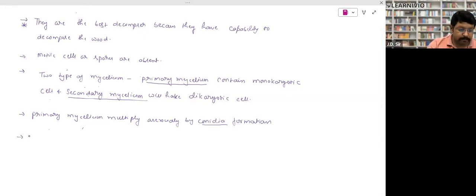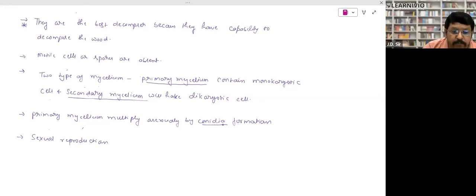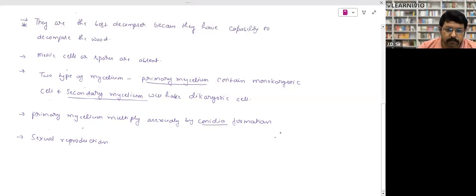sexual reproduction. Sorry, conidia formation, I have discussed. Just in the previous slide, in Ascomycetes, I told you what happens in conidia formation. This is a horizontal mycelium, right? The vertical mycelia will grow.